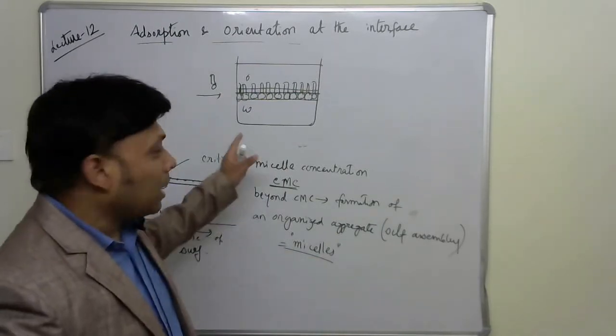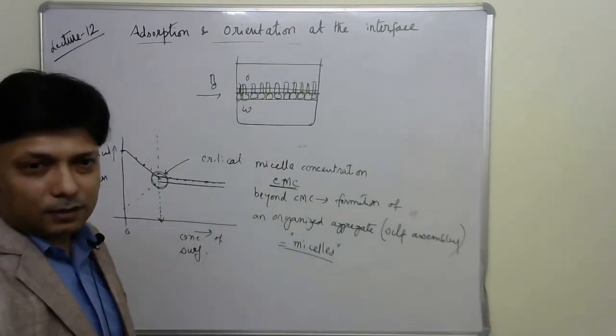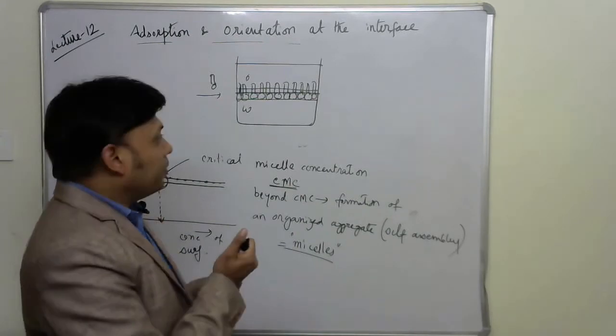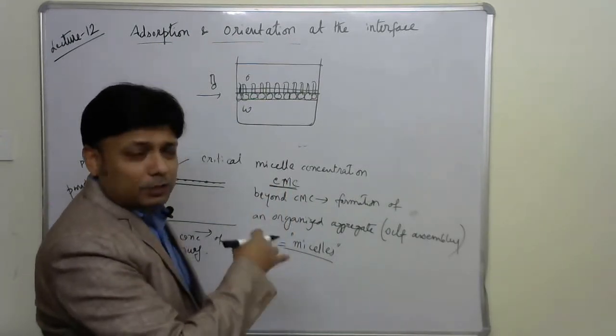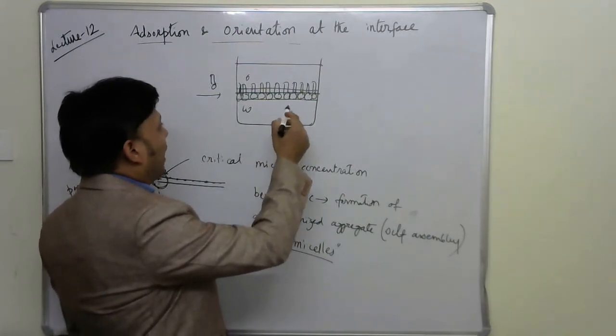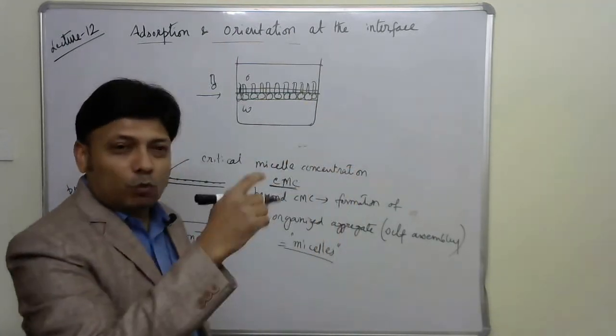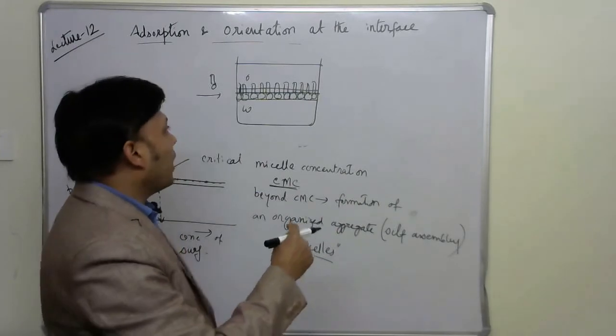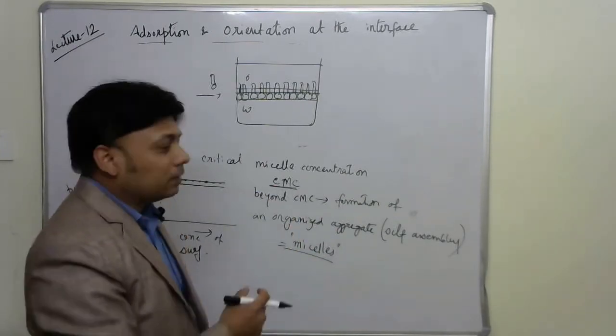So think about this. I am rephrasing the question once again, that is, beyond this situation, if I want to add more surfactant molecules, where would the surfactant molecules go?